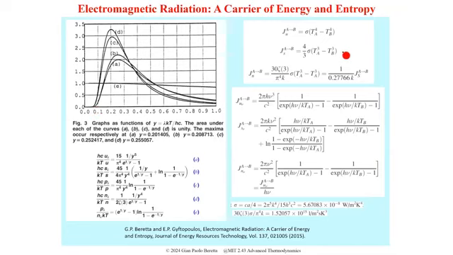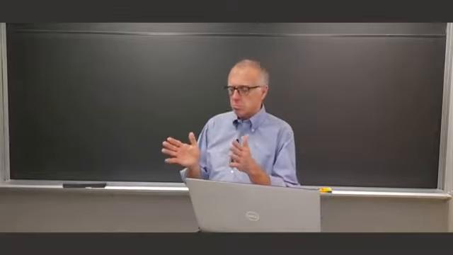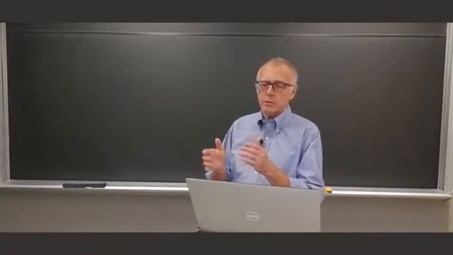But what is important is that if you have two bodies at different temperatures, TA and TB, with vacuum in between, they exchange energy via electromagnetic radiation, because there are photons in each of the solids.